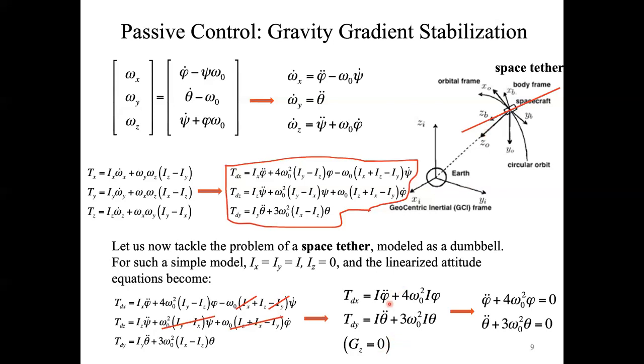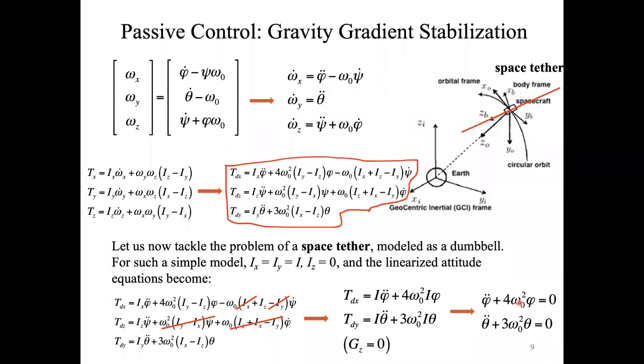The other two components, so the roll and pitch, will have a trend that is close to an oscillatory trend. So if you have initial angle phi or initial angle theta, that gives you an oscillation of those angles with a frequency that is given by the orbital period of the spacecraft.